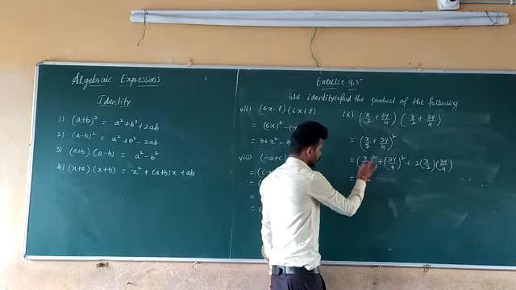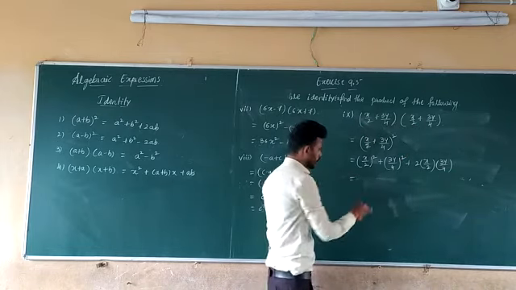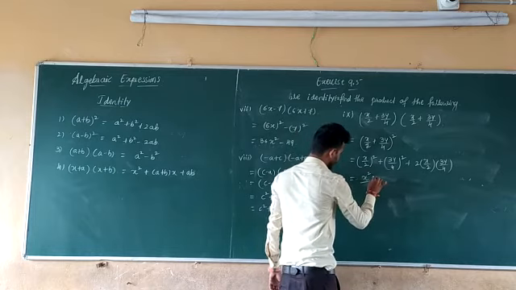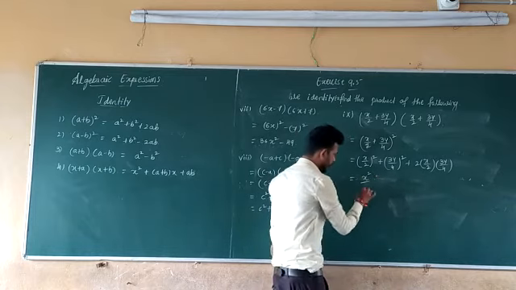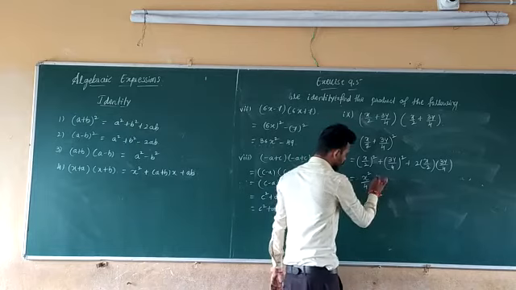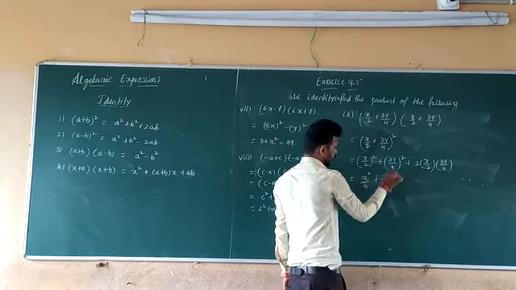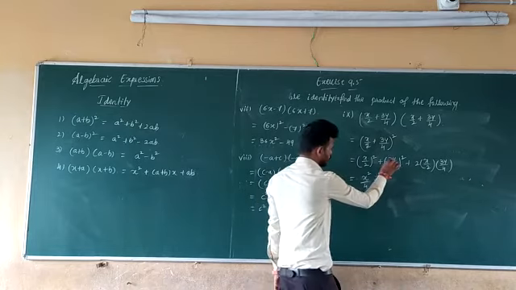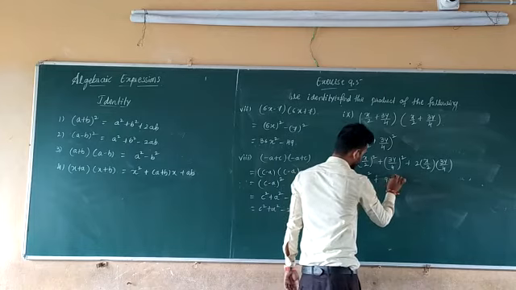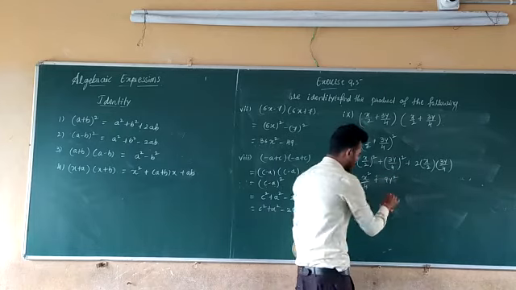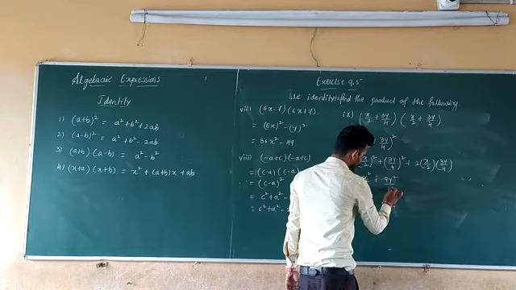So which is equal to? Square both numerator and denominator. You will get x square divided by 2 square, how much? 4. Plus here also square both numerator and denominator: 3 square is 9, y becomes y square, divided by 4 square, 16.